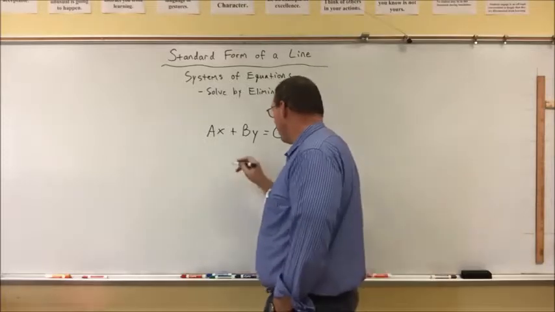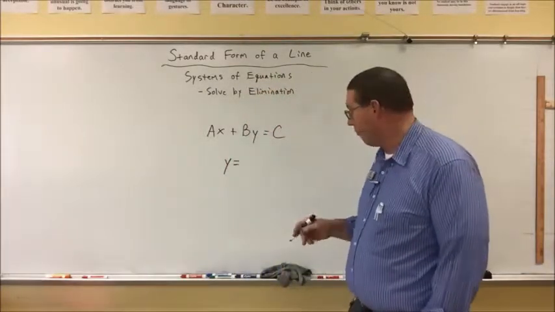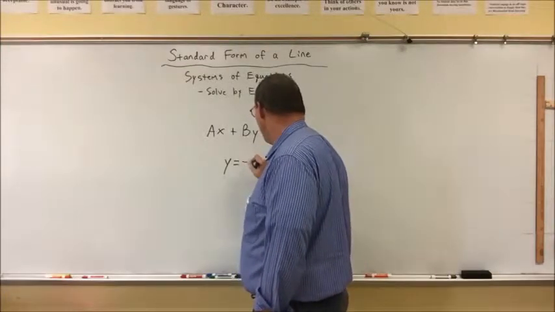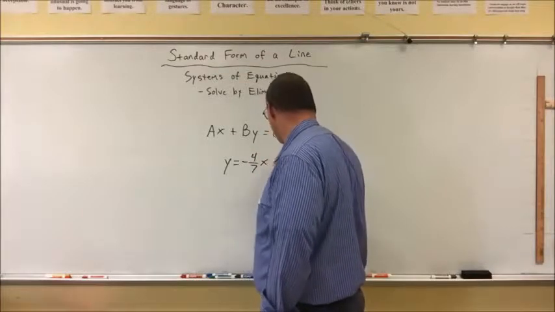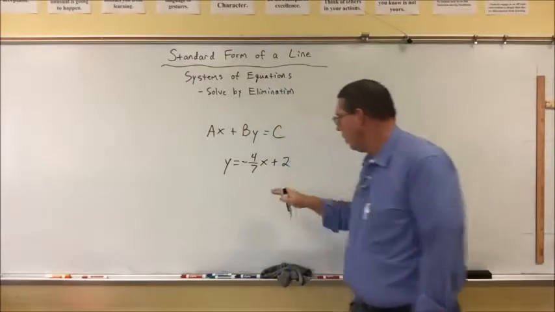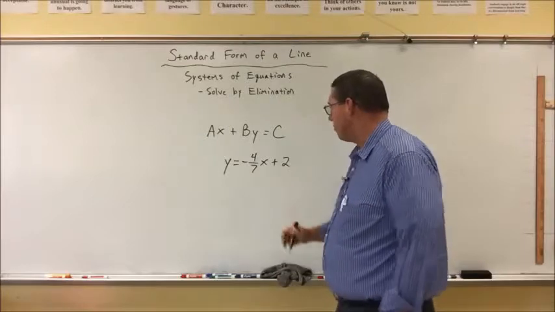So I can show you an example. Let's say that we have a line in slope-intercept form: y is equal to negative 4/7 x plus 2. We've got a slope of negative 4/7 and a y-intercept of 2.